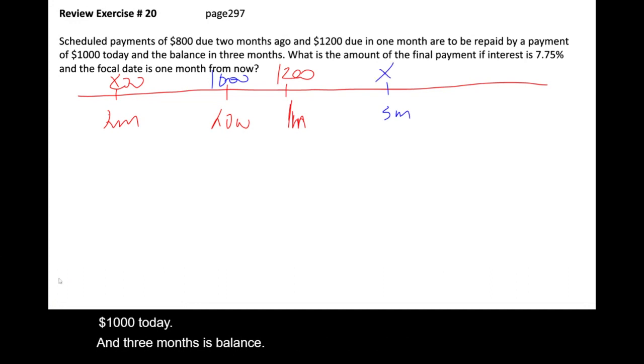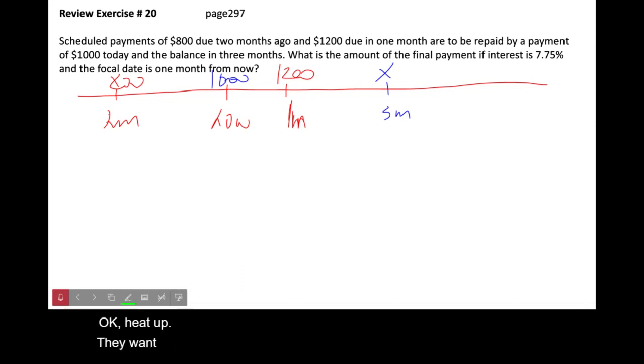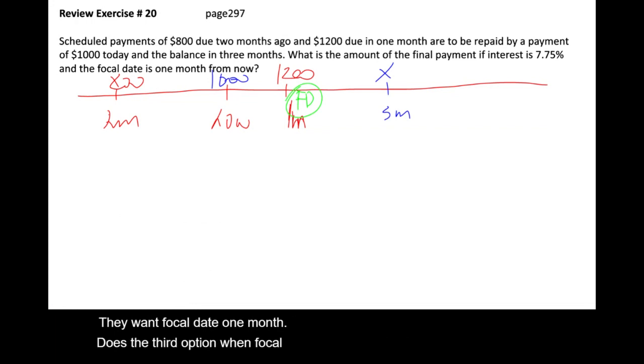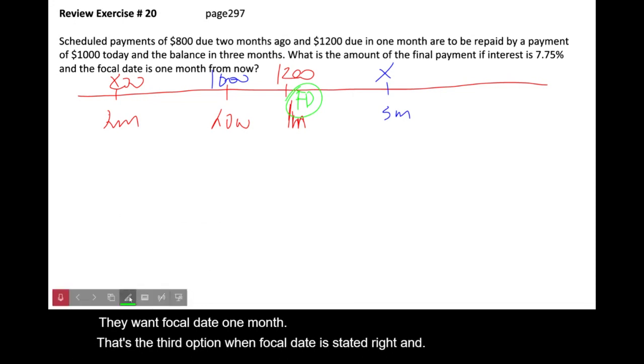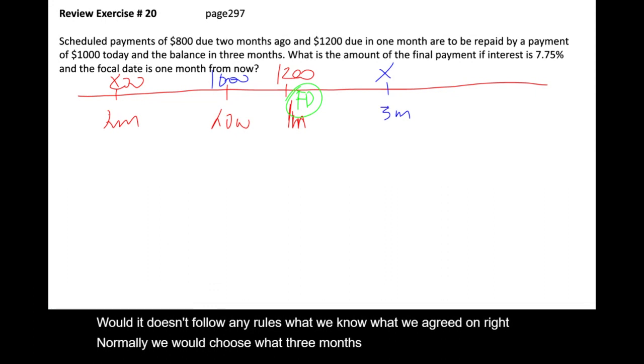They want the focal date at 1 month. That's the third option when a focal date is stated, right? It doesn't follow the rules we agreed on. Normally we would choose 3 months, right, guys?